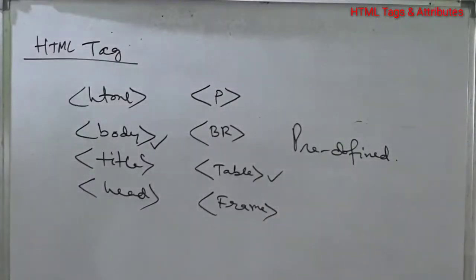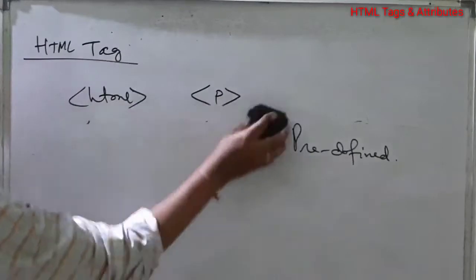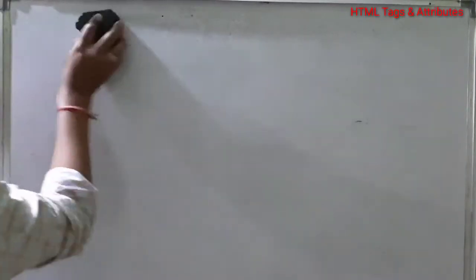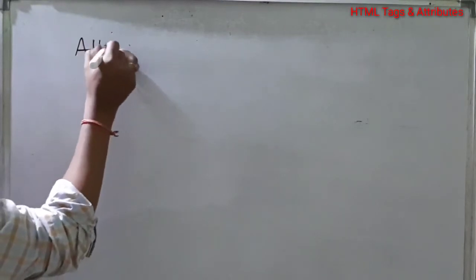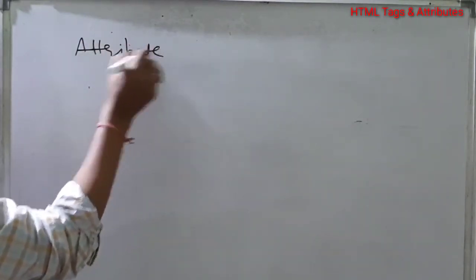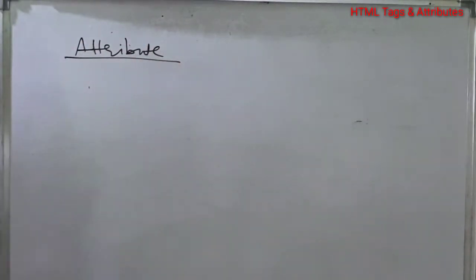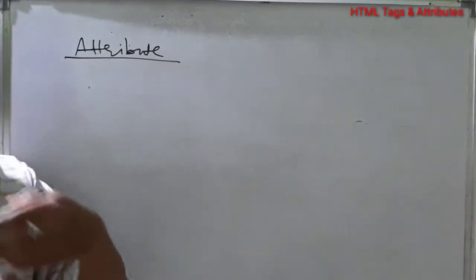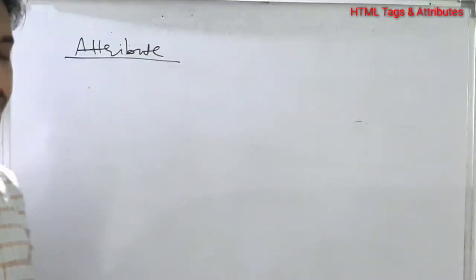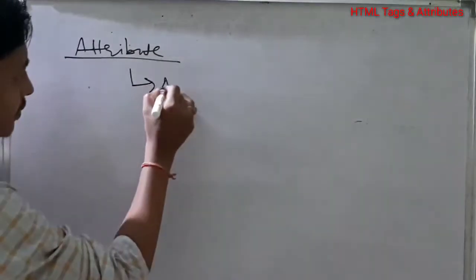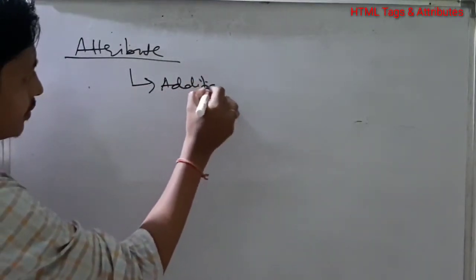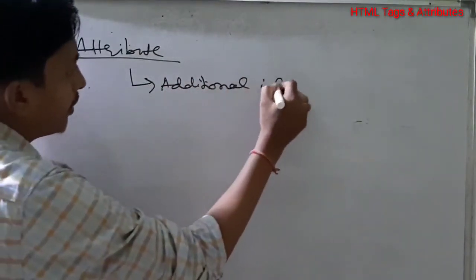Now the next one is attribute. Attribute means additional information of a particular text.